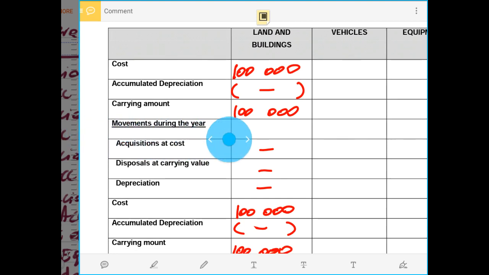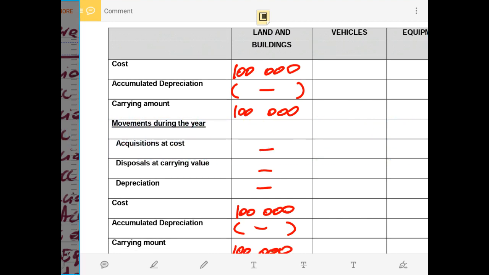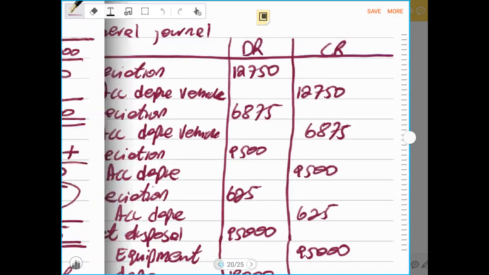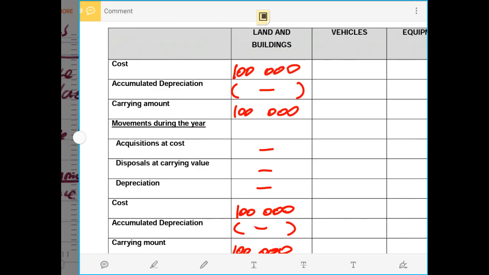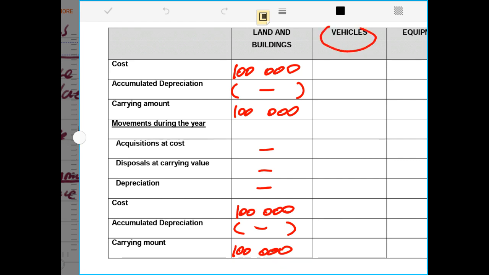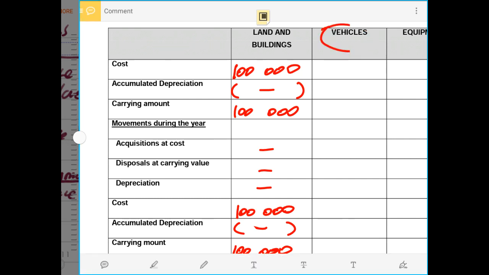If you remember, once again, in the asset ledger account for vehicles, this is where we are. I will be just linking the two. I have shown you that our vehicle's opening balance is an amount of 100,000 rands. We are in the column now for vehicles. This is where we are. Remember, don't be lost. We are doing the vehicle side.